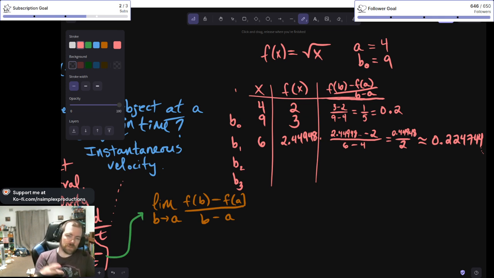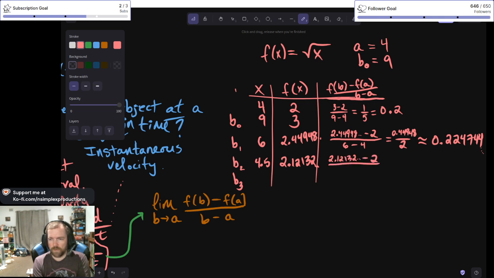Okay, now let's move a bit closer. So let's just do like 4.5. Okay, 4.5, you take the square root, we get 2.12132, and again, more stuff after that. So we get 2.12132, etc., minus 2 over 4.5 minus 4.